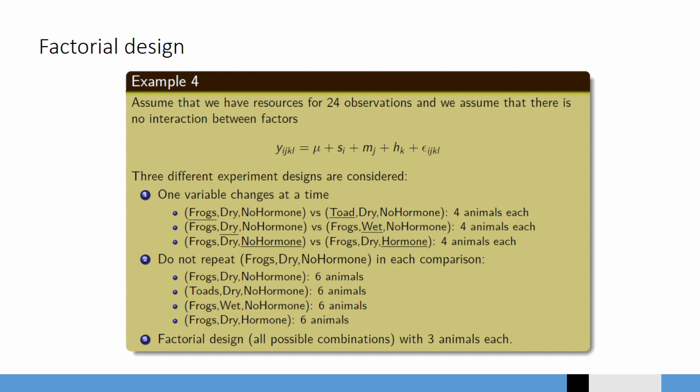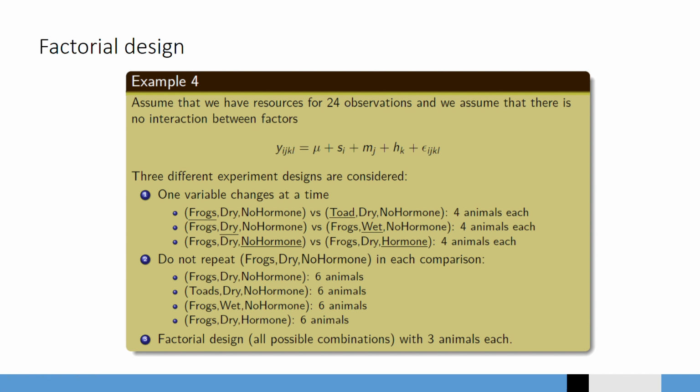So instead of having 12 in one group that is all the time the same, and 4 only in the others, I could have 6, 6, 6, 6. So I have 4 different groups. I have 1 group here and 3 here. So in the 4 groups, I put 6 animals. So still I also have 24 animals in total.